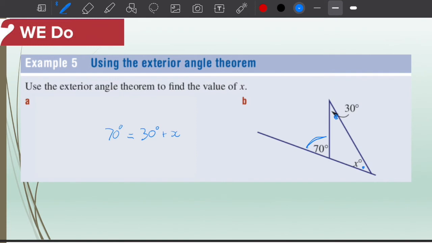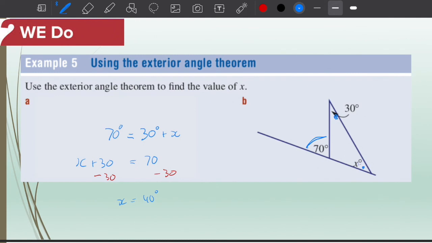So I'm going to turn this around just because I think it's easier to work with the x on the left. And we're going to take away 30 from both sides, and we end up with x equals 40 degrees. And you probably could have honestly answered this one in your head. You know that 70 has to equal something plus 30.